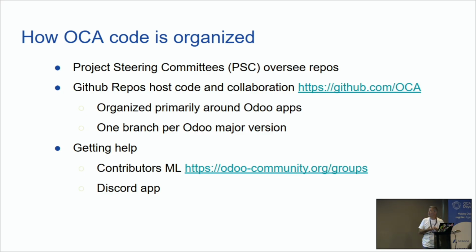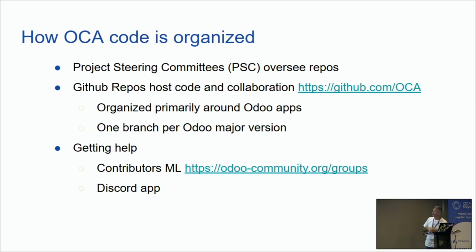The people on the steering committees are the ones who have merge rights, writing rights on the final branch. There are also people who can be maintainers of specific modules and have writing rights for that specific module. But the project steering committee members have write access across the repositories they represent. So that's an important organizational structure. They will be the people doing the final click or the final instruction to merge.